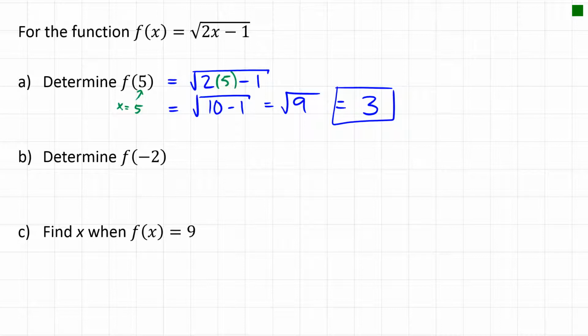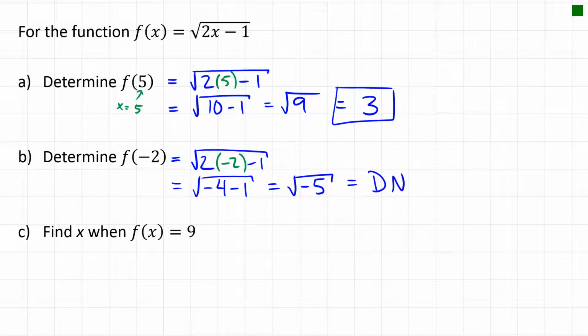So the value of the function f of x at x equals 5 is 3. We could also call this the y value. Let's determine the value of f of negative 2. Same thing, we're just replacing x in the function with the value of negative 2. Except this time, we have the square root of 2 times negative 2, which is negative 4 minus 1, which is the square root of negative 5.